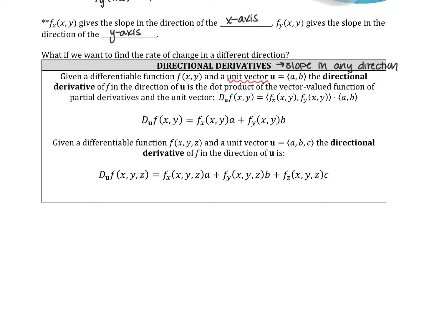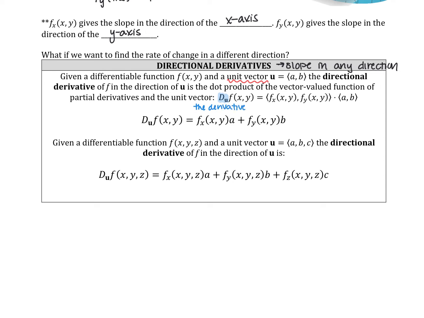With u equal to a, b, the directional derivative of f in the direction of u is the dot product of the vector valued function of the partial derivatives and the unit vector. So the notation that you will see with this is D subscript u. So this says the derivative in the direction of u.